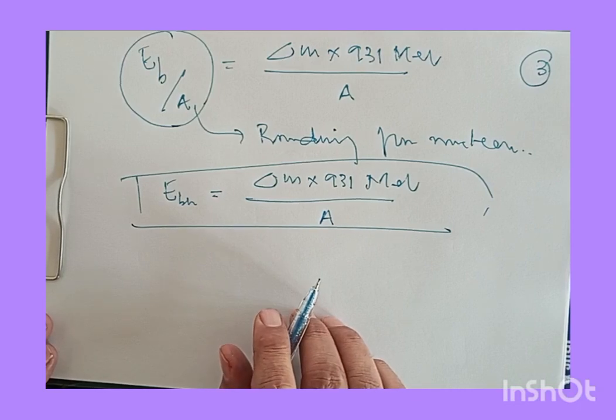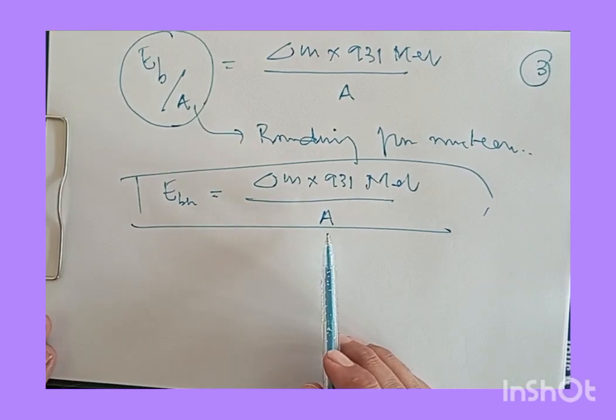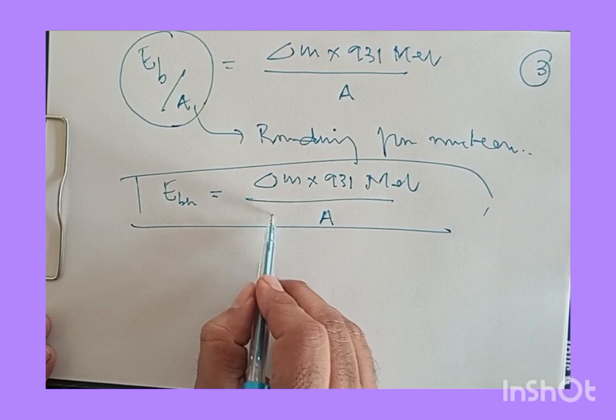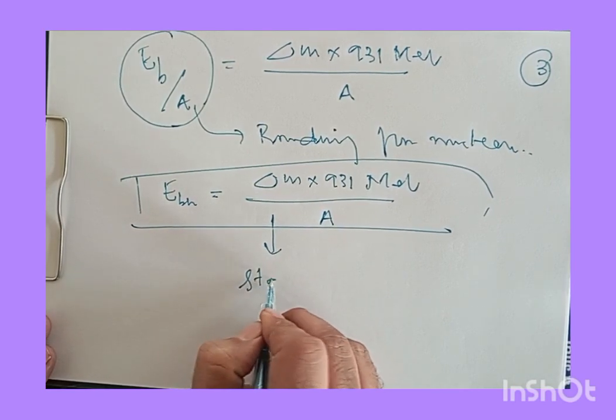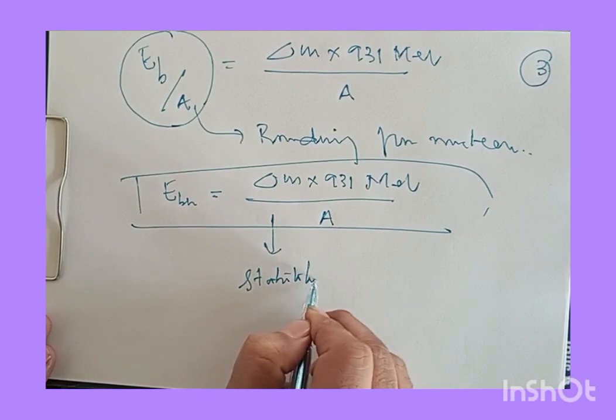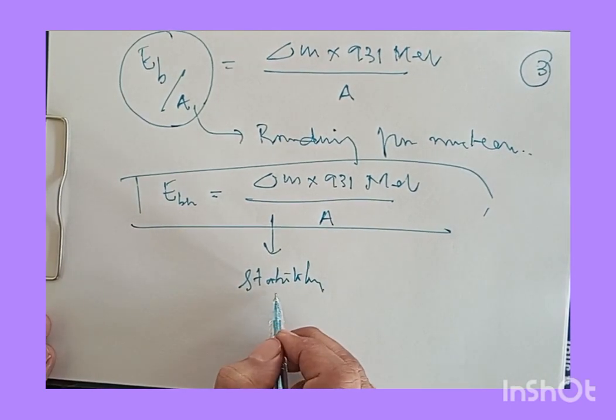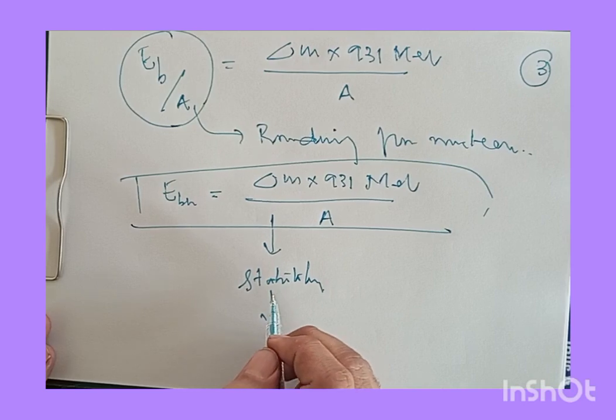Now, this binding energy per nucleon basically determines the stability of the nucleus. And if I'm saying stability, it's also giving me the idea of instability of the nucleus.